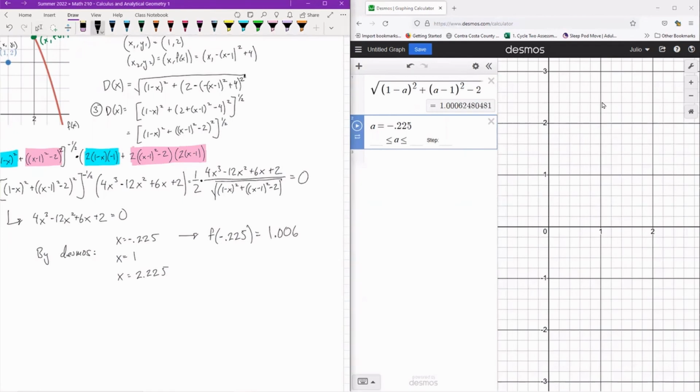When I plug in f of 1, I think we had that already, it's undefined, so the answer does not exist. And then finally, f of 2.225, sorry, let me change that to 2.225. I plug that in here and get 1.006.